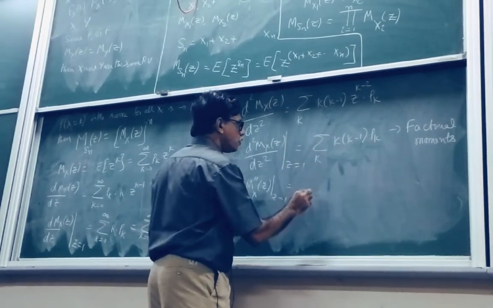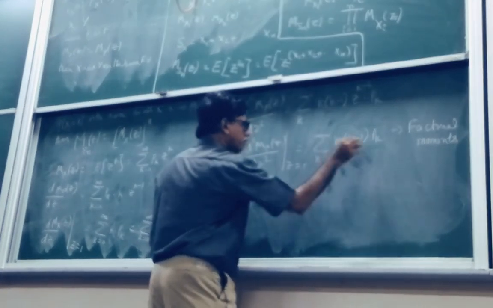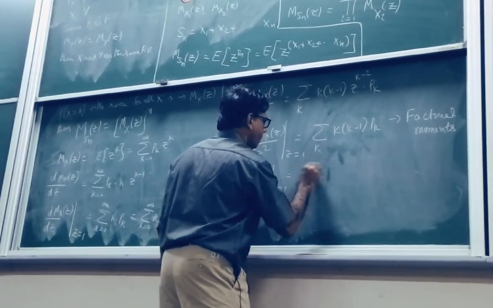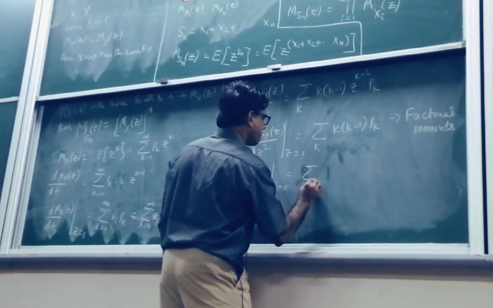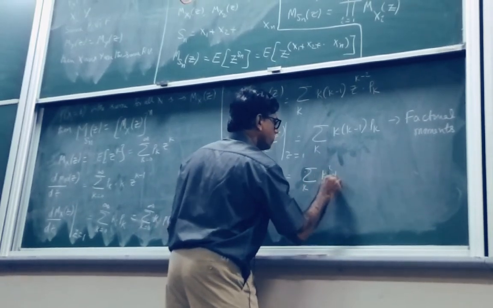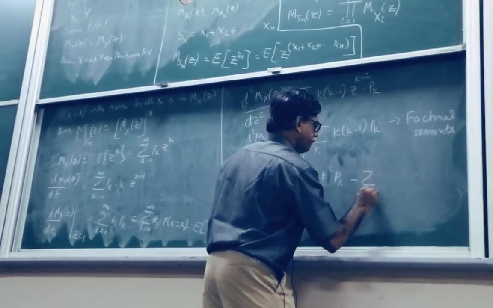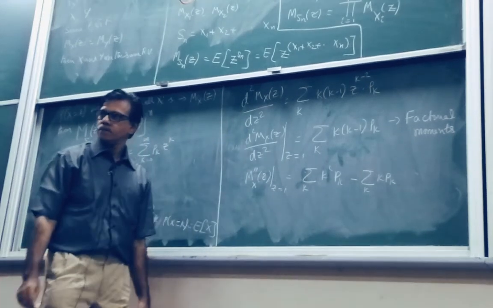What it will give you is k square times pk.